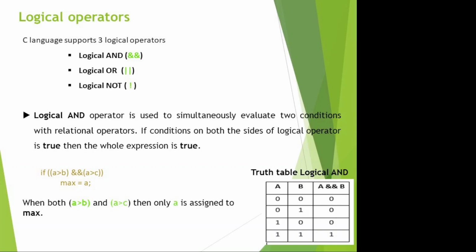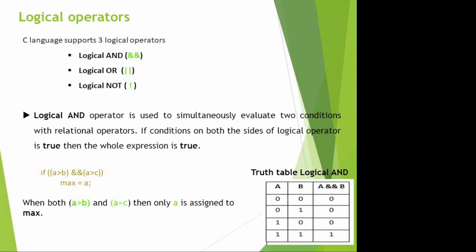In this program code, one if statement is written. Within the if statement, one condition is given: A greater than B and A greater than C. That means if A greater than B is true and A greater than C is true, then only the value of A is assigned to max. That means both the conditions should be true.